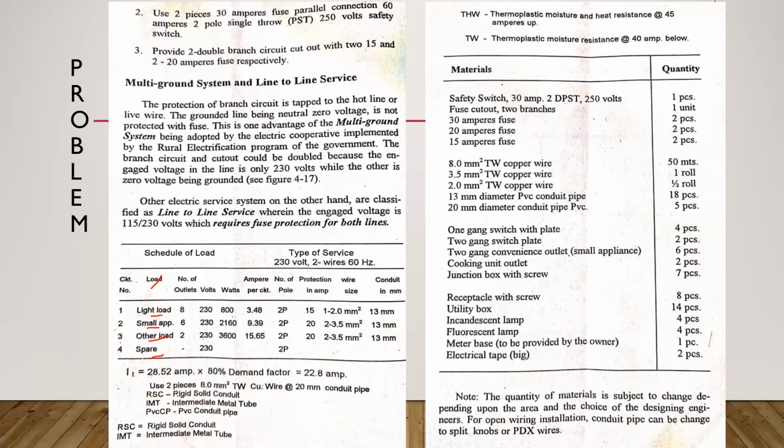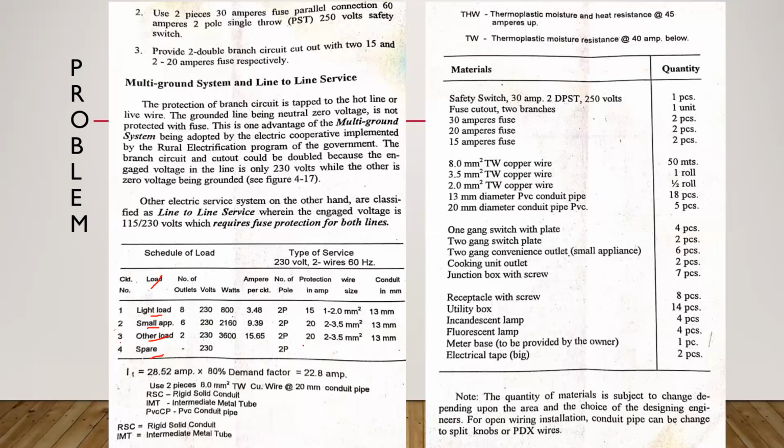Okay? So dito, meron tayong sample para dun sa ating naging illustrated problem. May sample cost estimate tayo dito. So yung ating ginamit, di ba, is TW kasi thermoplastic moisture resistant at 40 amperes.